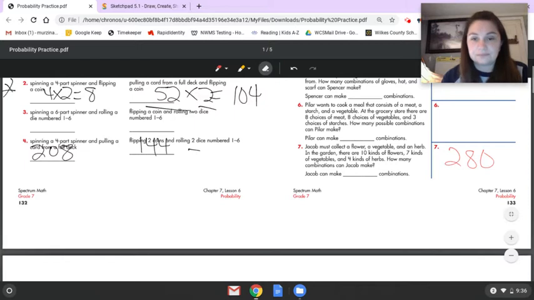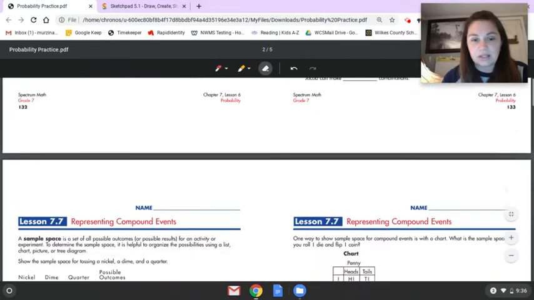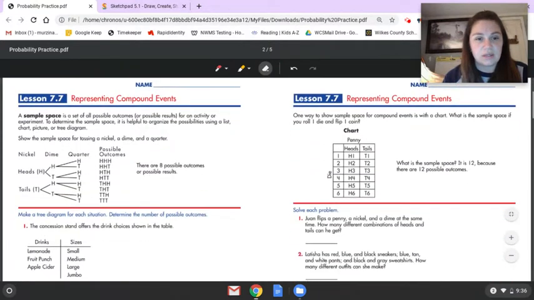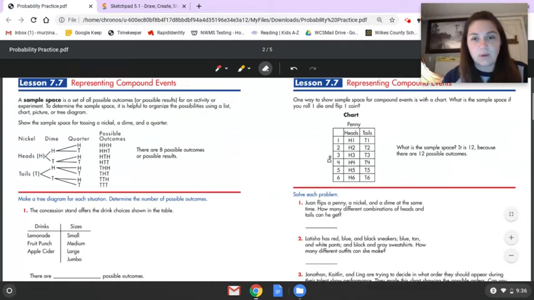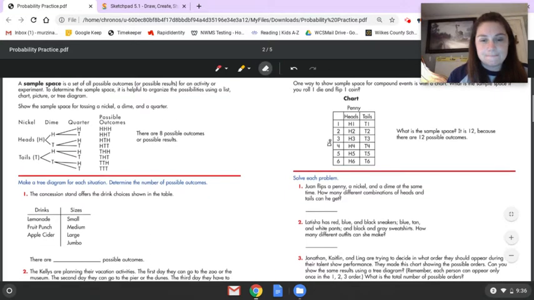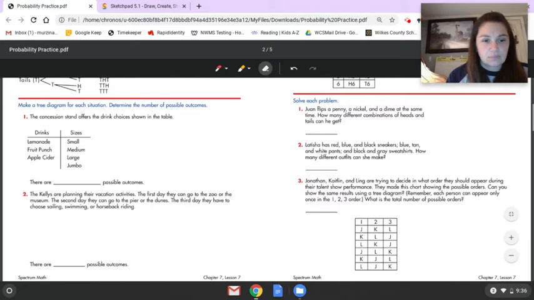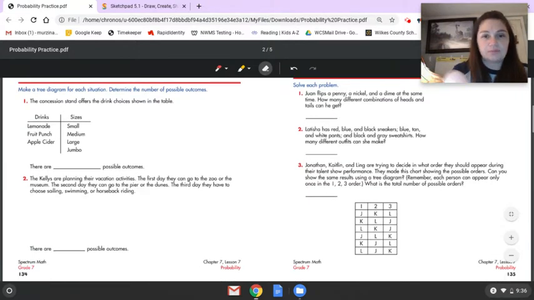All right. We'll take a look at this second page here, a couple of these. Now this is going back, we were talking about the sample space and those tree diagrams yesterday. Let's look at number 2. So number 2 tells us that the Kellys are planning a vacation. And we're right here on this number 2. Kellys are planning a vacation.